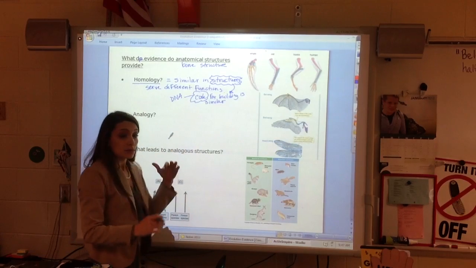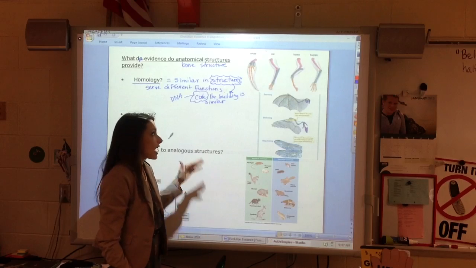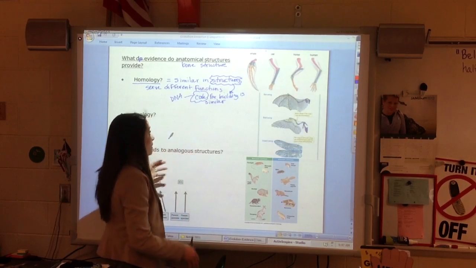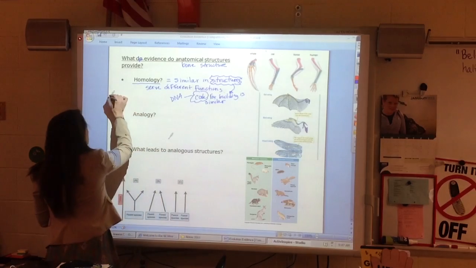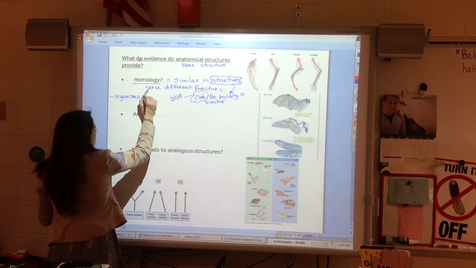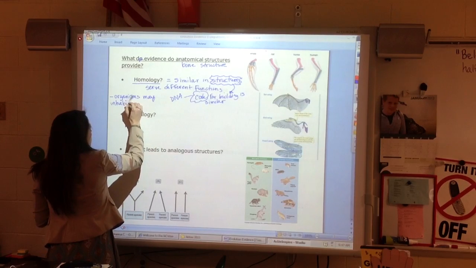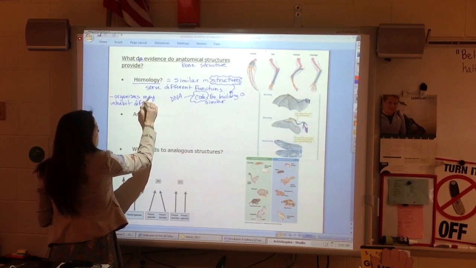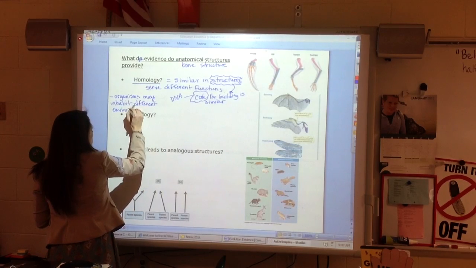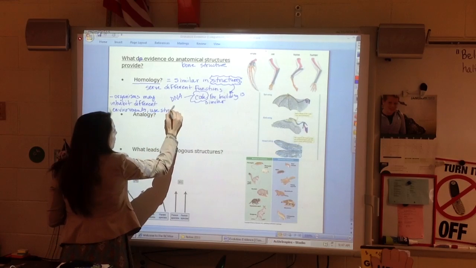And so a pair of homologous structures tells us that the code is similar, but the organisms may inhabit different environments, and therefore use those structures differently.